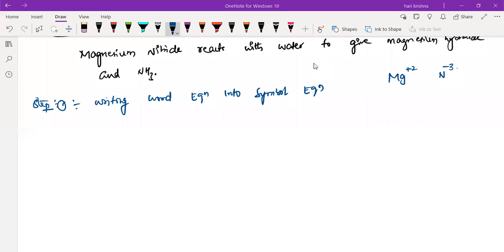Is everyone thorough in writing the word equation into the symbol equation, or in writing the chemical formulas? Those who are not thorough in writing the chemical formulas, please raise your hands. We'll have a class on that also, and I will plan according to that. No issues, because that is very important: writing the chemical formulas for the given compound. If you don't understand that now, we can't do any balancing concepts.